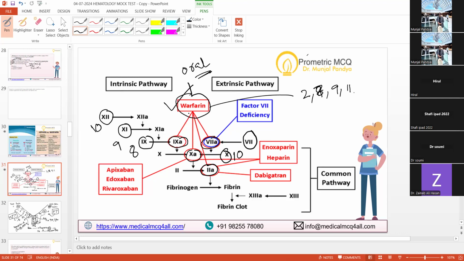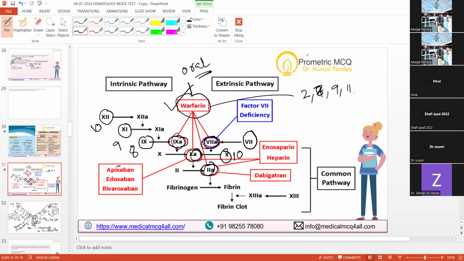When you give warfarin, it inhibits all these factors, and when you inhibit, proper clotting is not formed, and that is why it is an anticoagulant drug, right? It inhibits the clotting. So warfarin is an oral drug, and it acts on these.